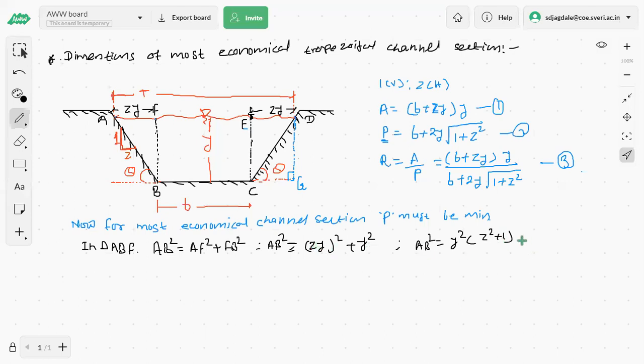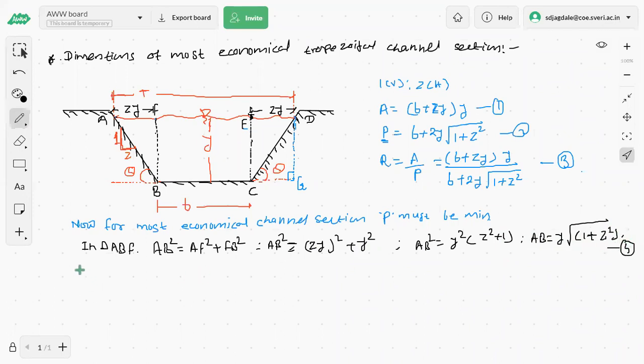That is, AB is equal to, by taking the root, y into root of 1 plus z square, or z square plus 1, whatever it may be. This is the dimension for AB. Give it as equation number 4.